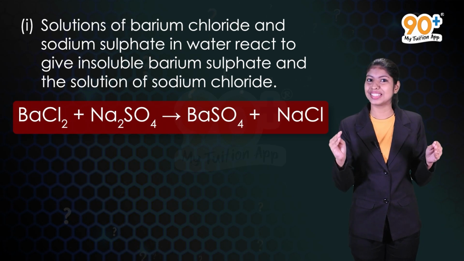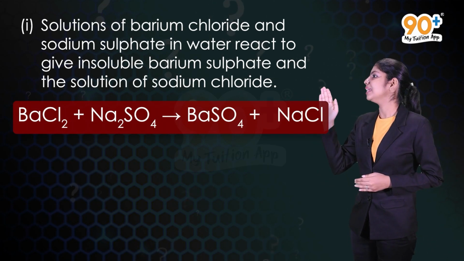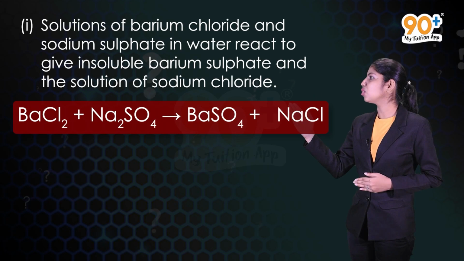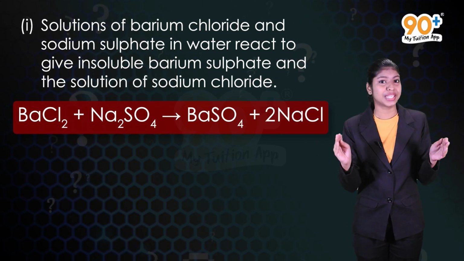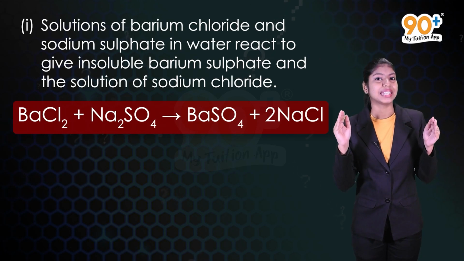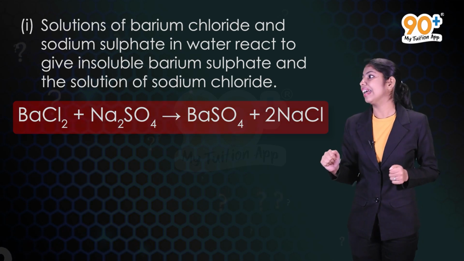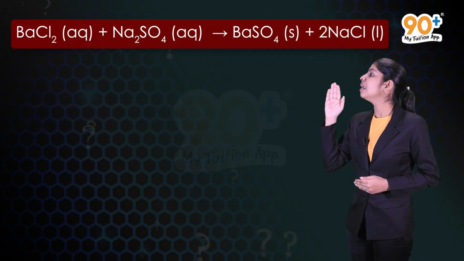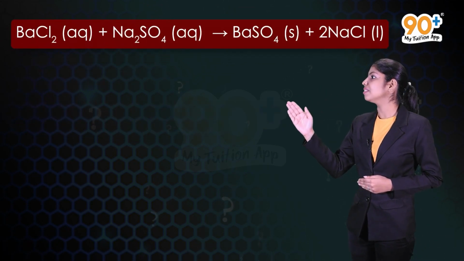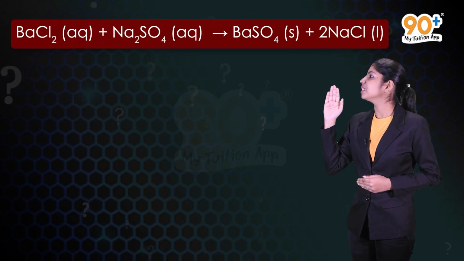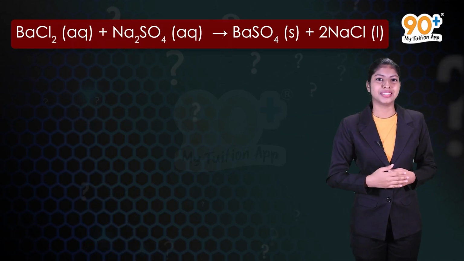On balancing this equation, we will get BaCl2 plus Na2SO4 gives BaSO4 plus 2NaCl, and we can state the symbols of the reactants and products involved in this reaction. So we will get BaCl2 aqueous plus Na2SO4 aqueous gives BaSO4 solid plus 2NaCl liquid.